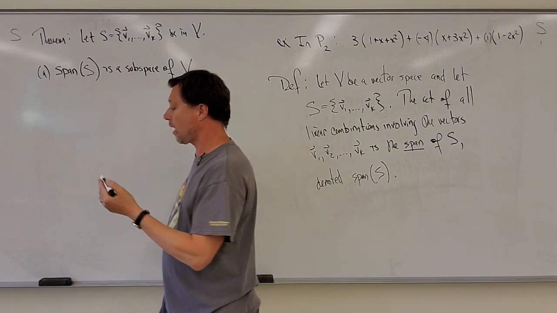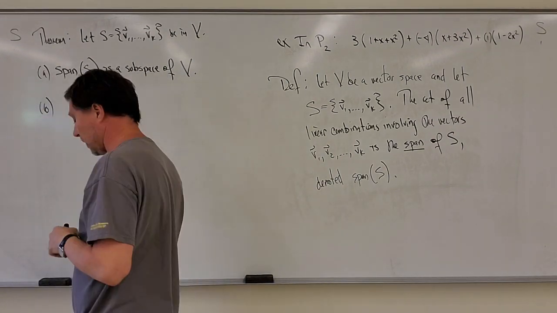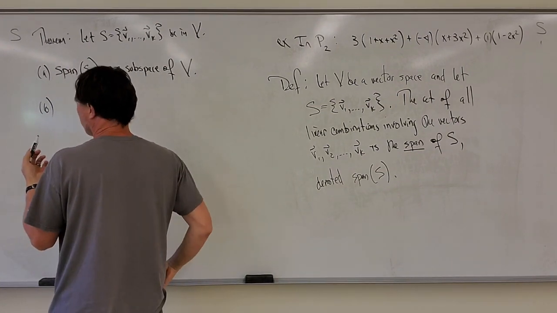Right? And then part B just sort of elaborates on exactly what this subspace looks like, or gives us some characterization of the subspace.